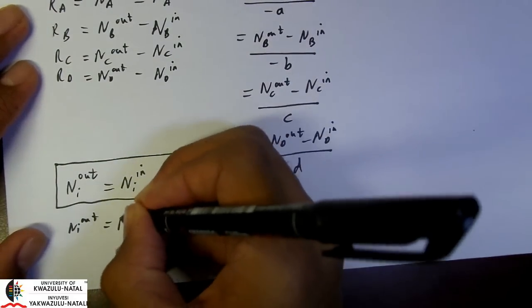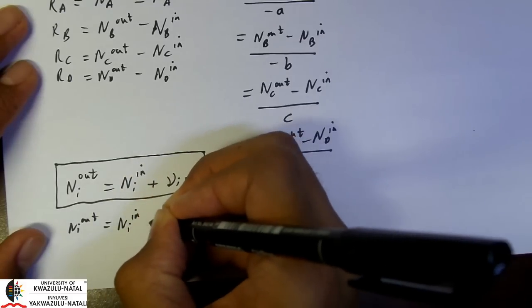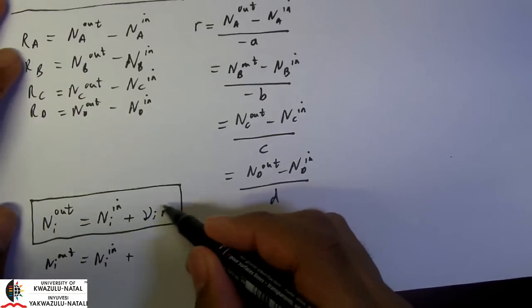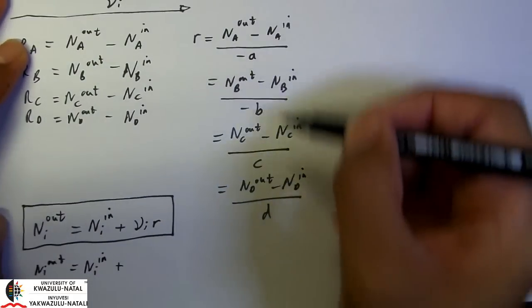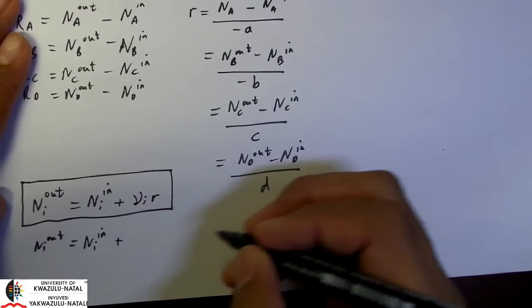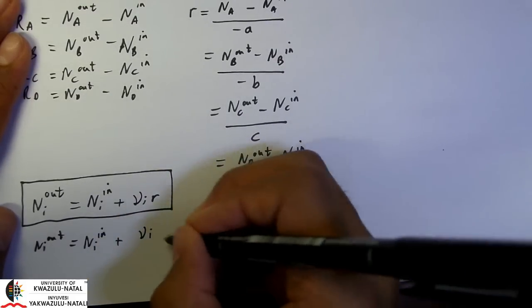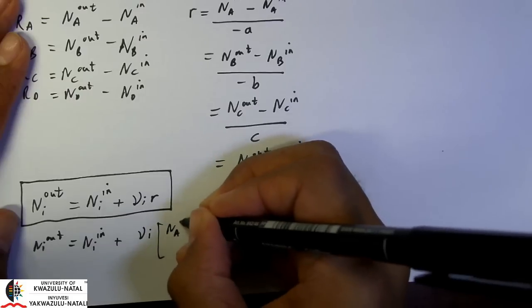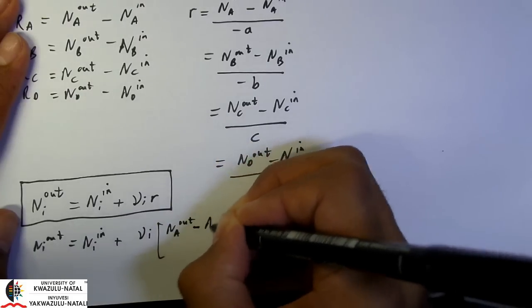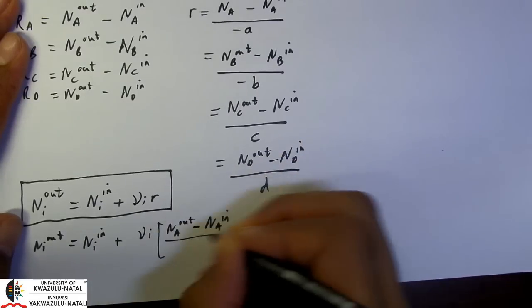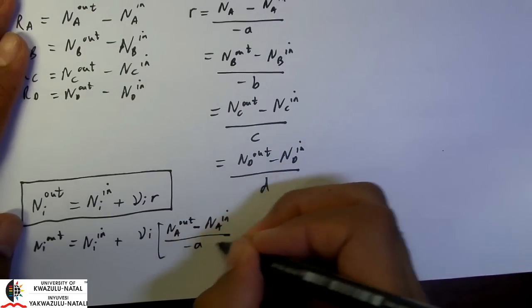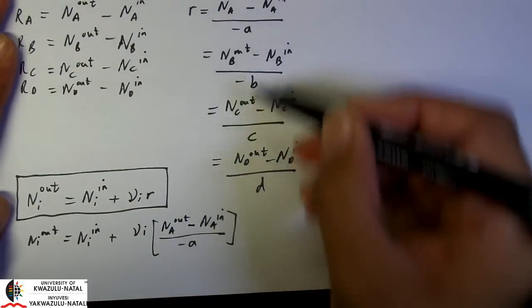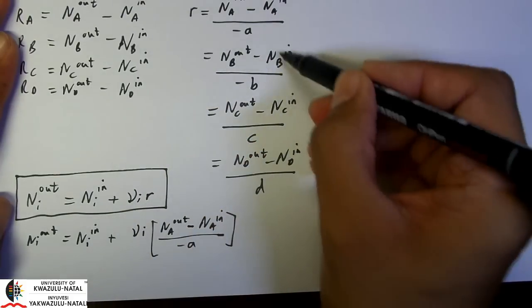We can say Ni out is equal to Ni in plus, replacing our R with any of these, Vi times NA out minus NA in over negative A. If we had information for B, we could have replaced our R with this equation.